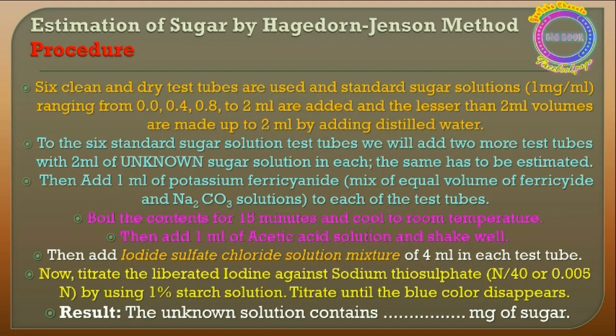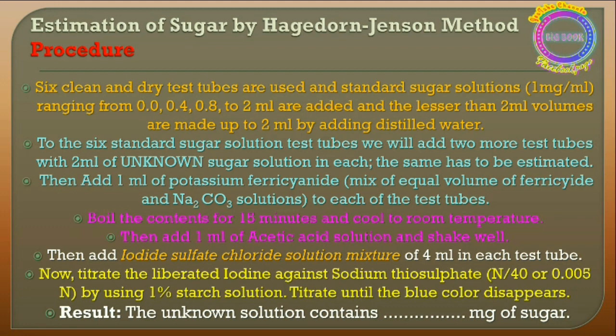And further we are going to take another 2 test tubes for the unknown solutions. As we have taken the range of the standard sugar solution, in the same manner we take 2 other test tubes. In them we take the unknown reducing sugar solution, to estimate the amount of sugar present in it.